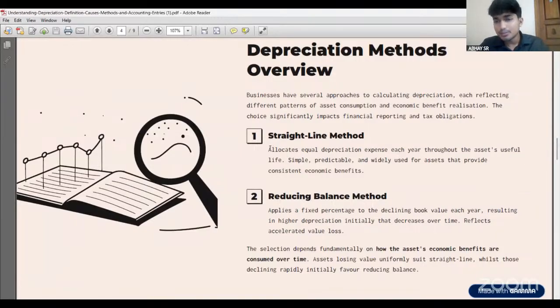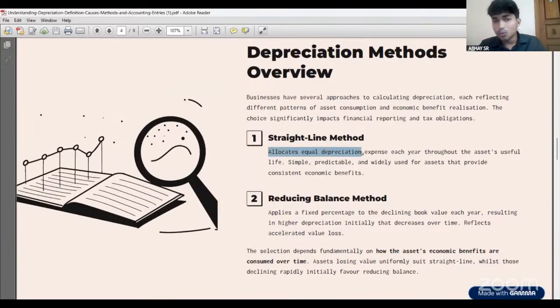So let's read the definition again. It allocates equal depreciation. Whenever you hear the term equal depreciation, or purchase cost, useful life and salvage value, we must know that the straight line method is used.